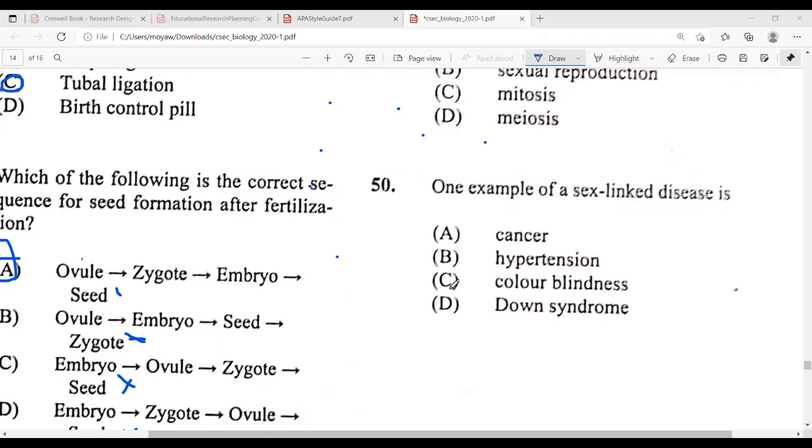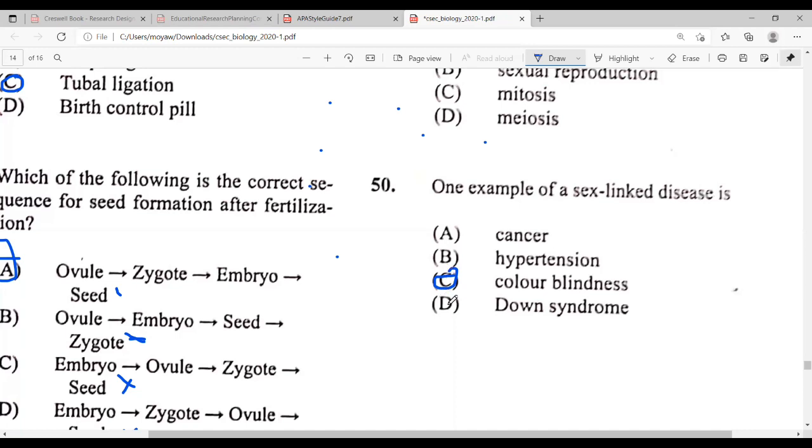And then C, color blindness, this is definitely the sex-linked disease. This disease is normally prominent in males, or a lot of males will have color blindness. They'll carry the gene for color blindness. So hence it is sex-linked. It's on their sex chromosome.